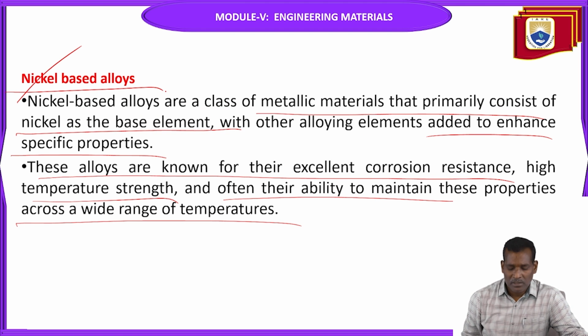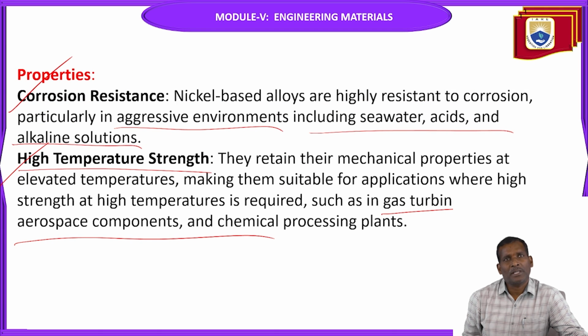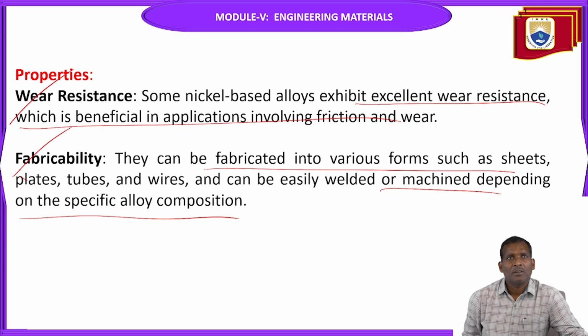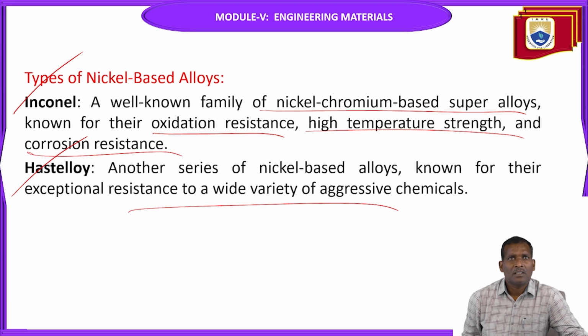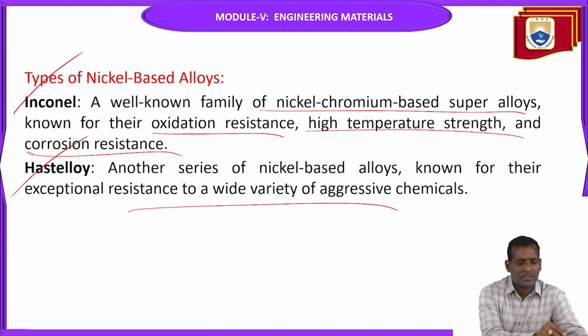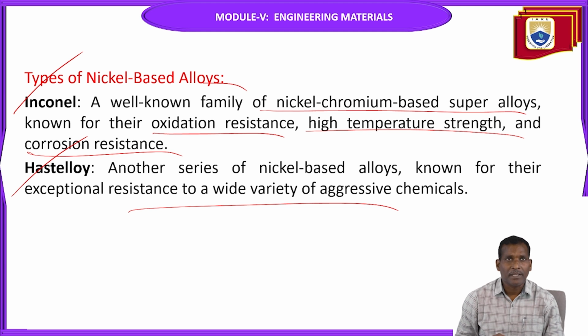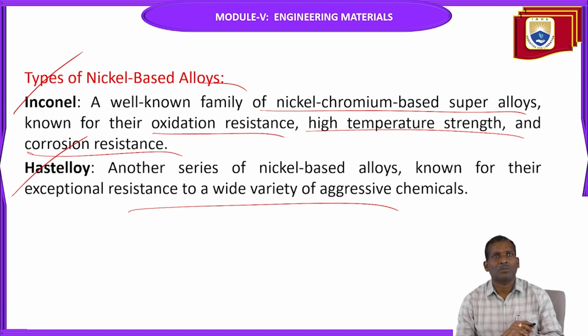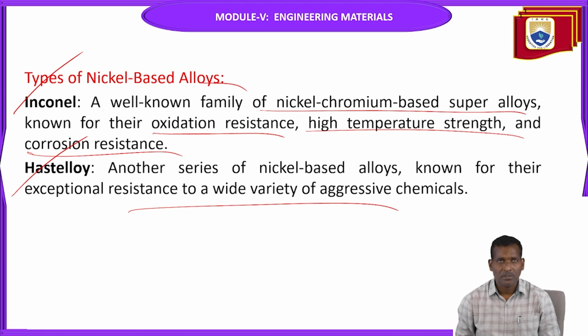In this material also we have seen composition, various properties, applications, and types of nickel based alloys. In aluminum alloys also we have seen types, and in nickel based alloys also we have discussed different types.